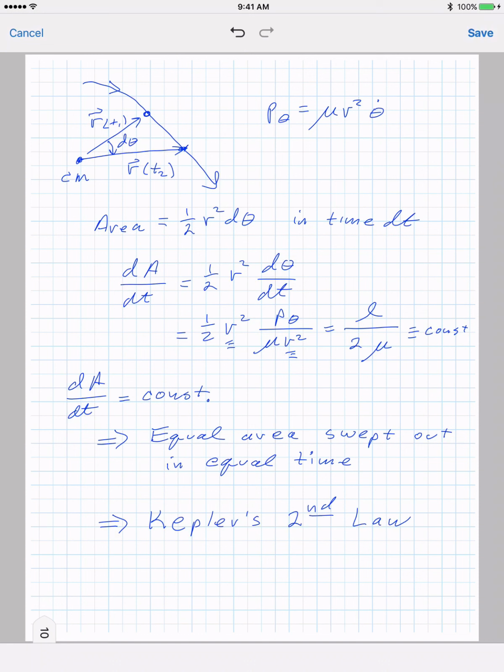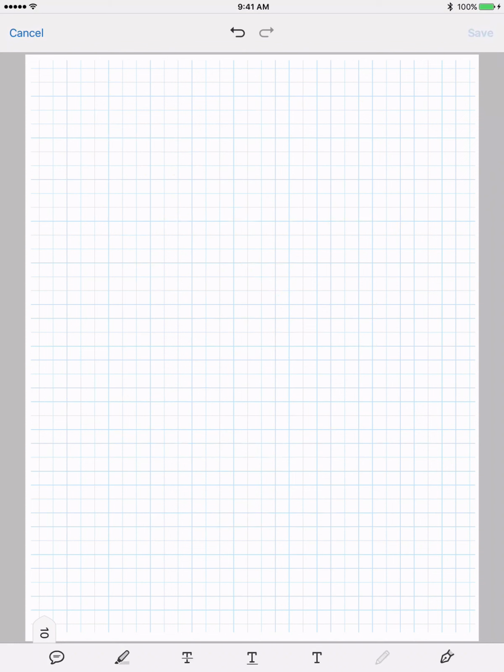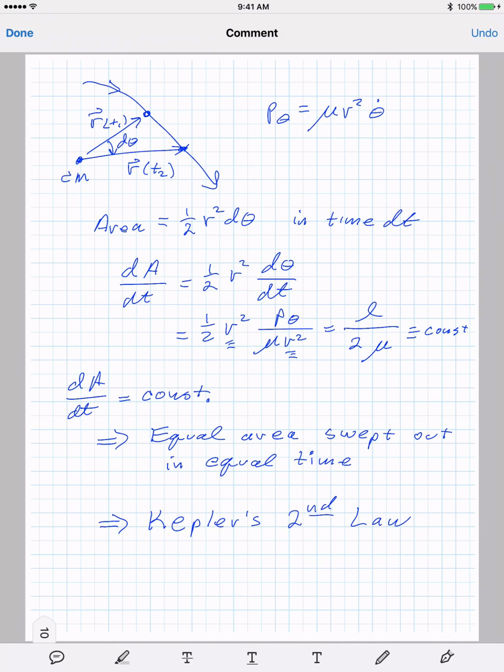All right, so the consequence of conserved angular momentum, we can go into this geometric picture and show that we have equal areas being swept out in equal time. And that is one of the important Kepler laws. There are actually 3 laws that we'll be talking about, and we did the second law first.